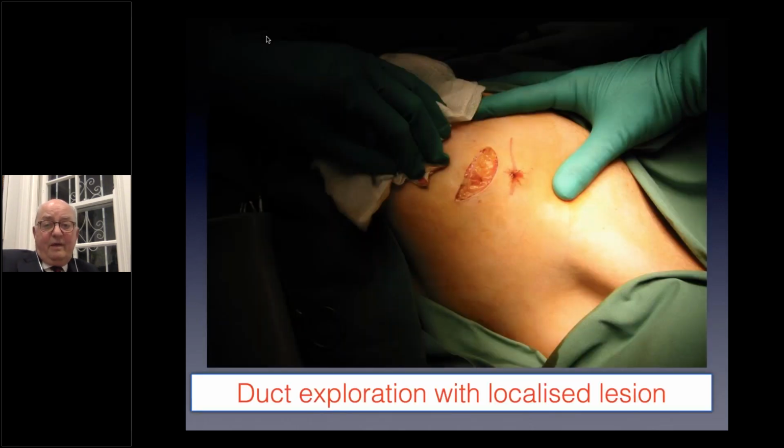And what we do there, and unfortunately I don't have a pointer so the slide might not be all that clear, is there's a hook wire going through the red line above the scar, which is periareolar. There's a probe going through a duct through the nipple up to more or less the area where the hook wire is, and then we excise the duct up to the nipple and the lesion and send it off for pathology and close the wound.